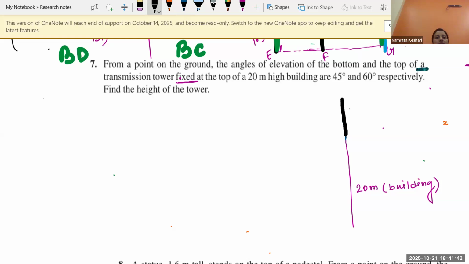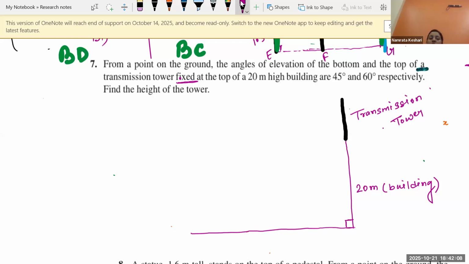This is our transmission tower. Now, if the building is standing, the building must be on the ground, making 90 degrees with it, right?